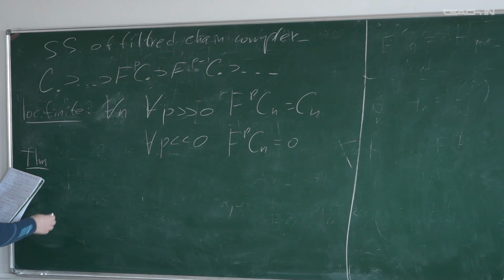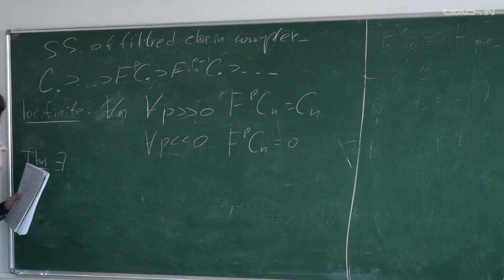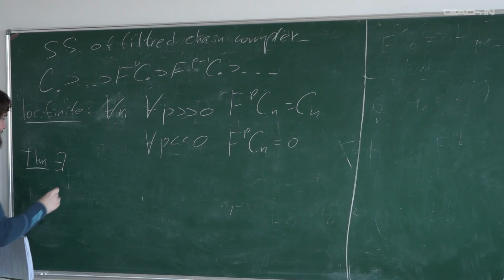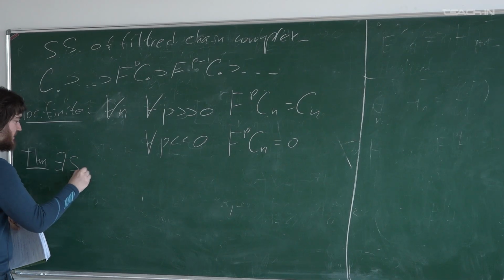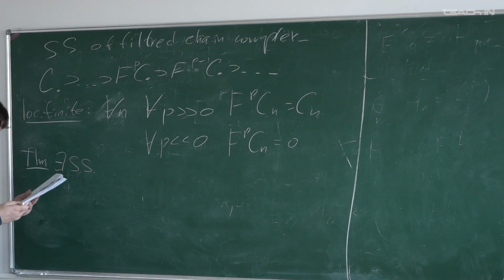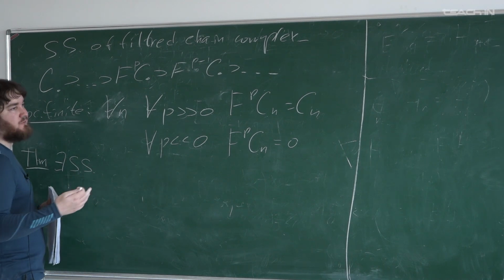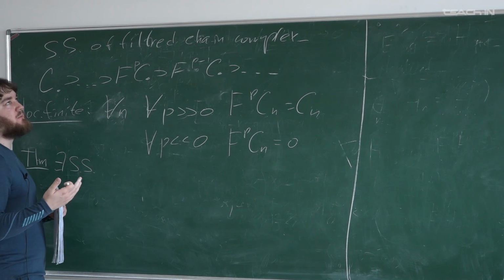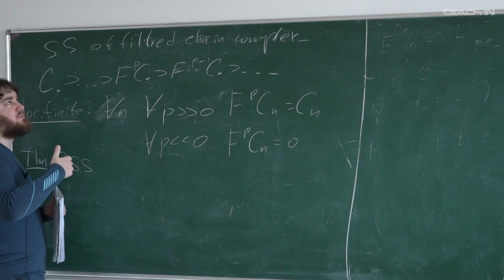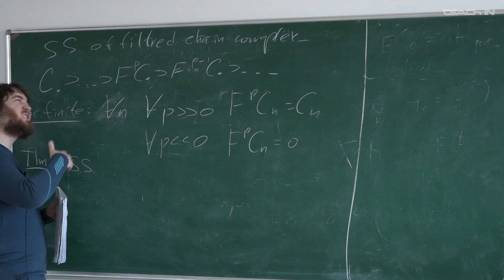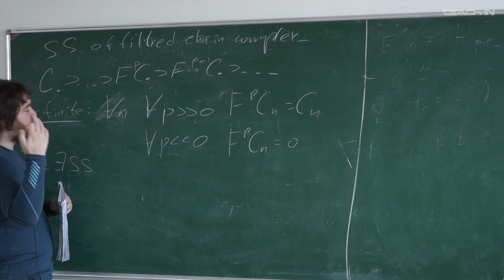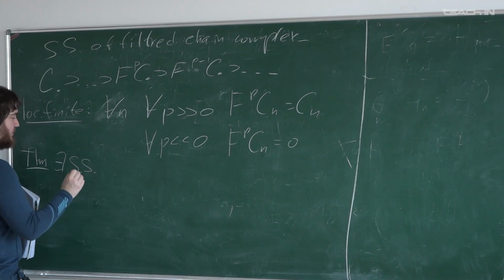There exists a spectral sequence of homological type, which is what I mean for indexing conventions. It begins from page 0 or from the first page? No, I will indicate the first page.